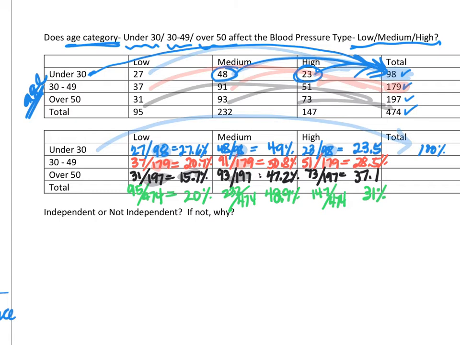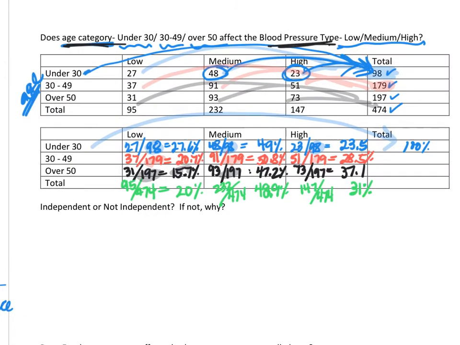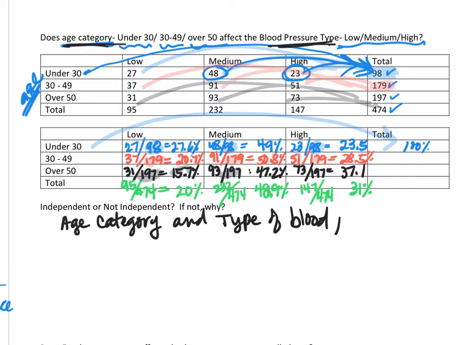Let's do this follow-up because this has some very interesting information. Are age category and type of blood pressure independent? Now, overall, I'm going to say that age category and type of blood pressure are not independent.